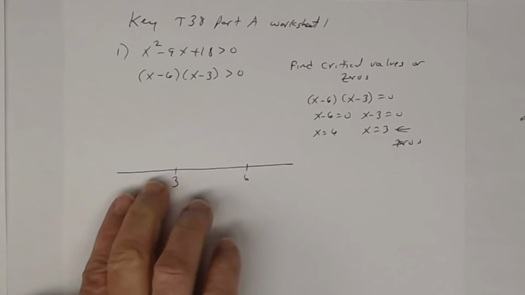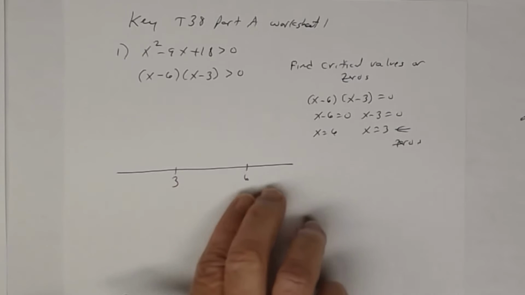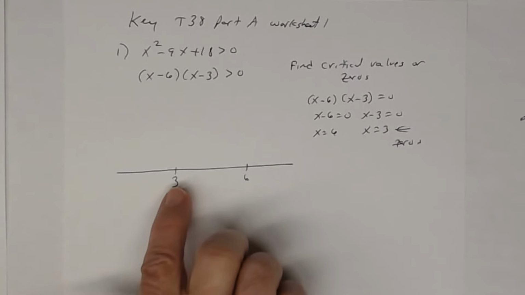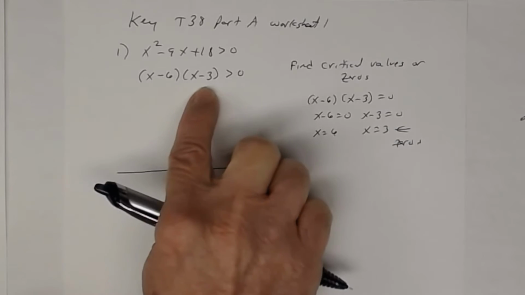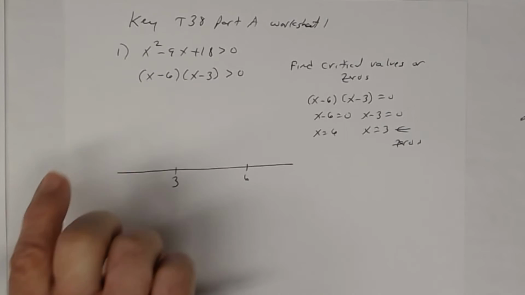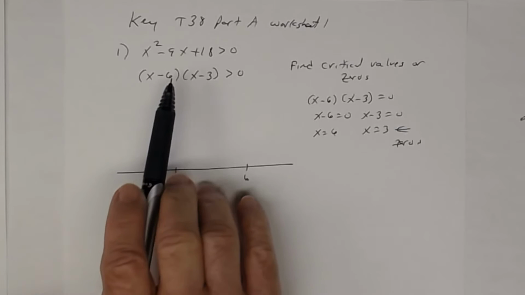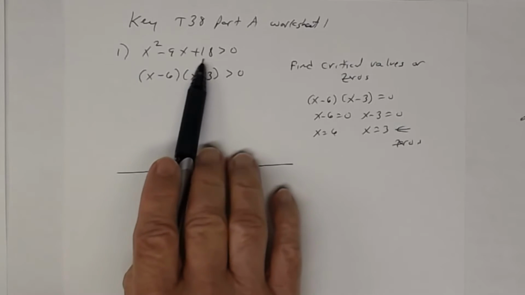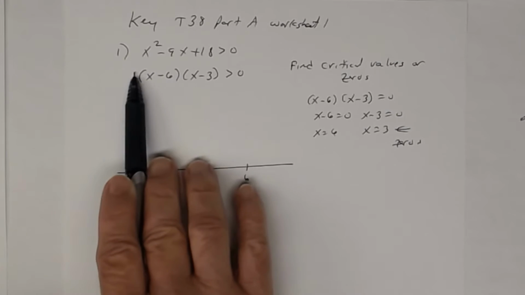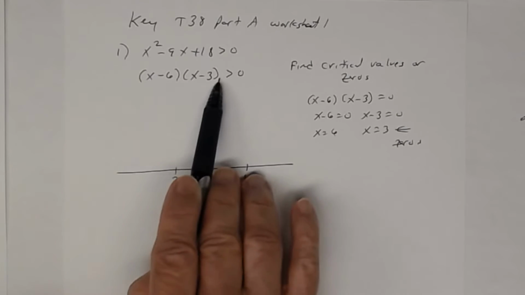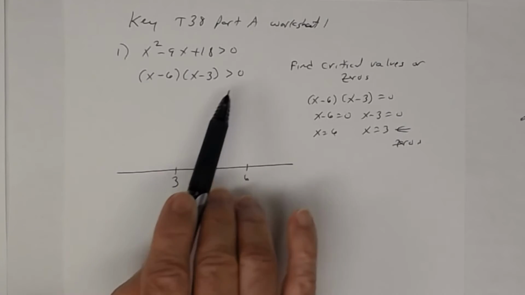What you're going to do is determine which of those intervals, and if possible, whether those zeros are solutions to this inequality. So remember, the solutions are the real numbers for x that will make this side greater than 0.